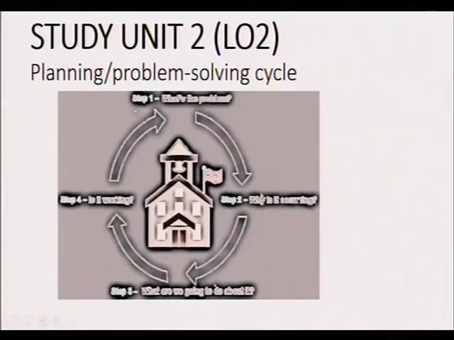Step 2, please check in your study guide what step 2 represents. And then step 3, what are we going to do about it? What are we going to do about the problem that you have identified? And then whatever we are going to do about the problem, is it working? All right? So when you tackle the problem, you look through those steps that are indicated there.